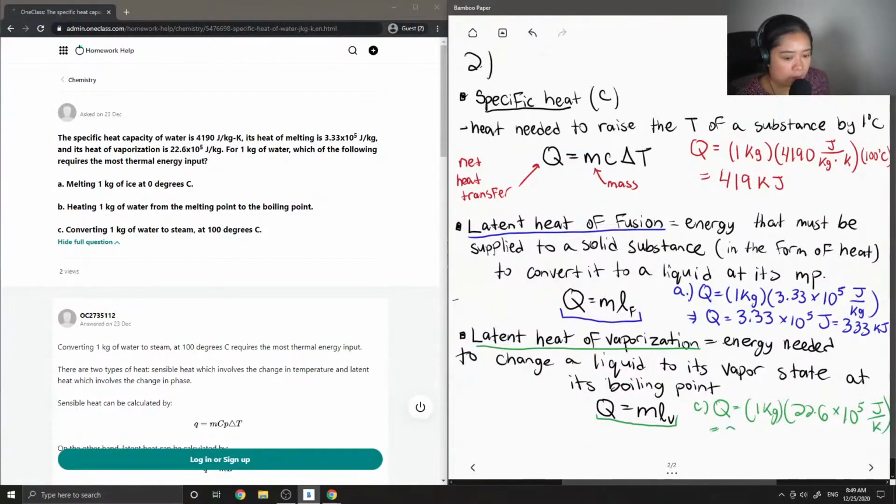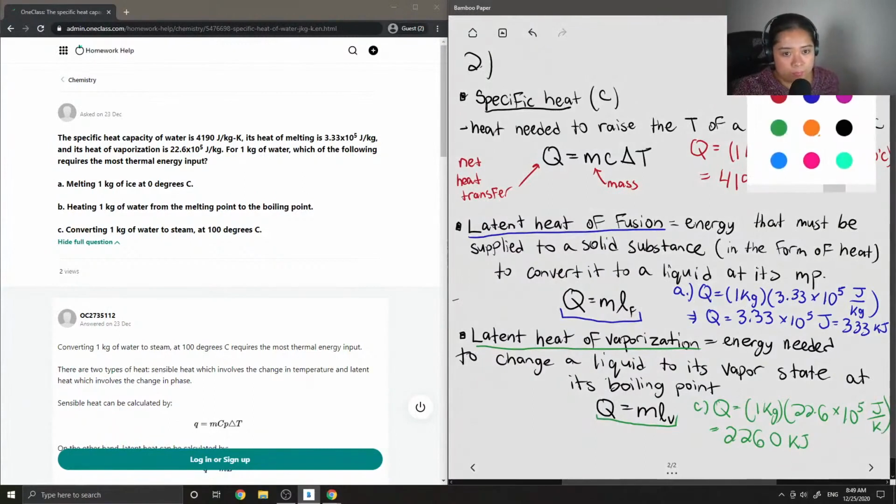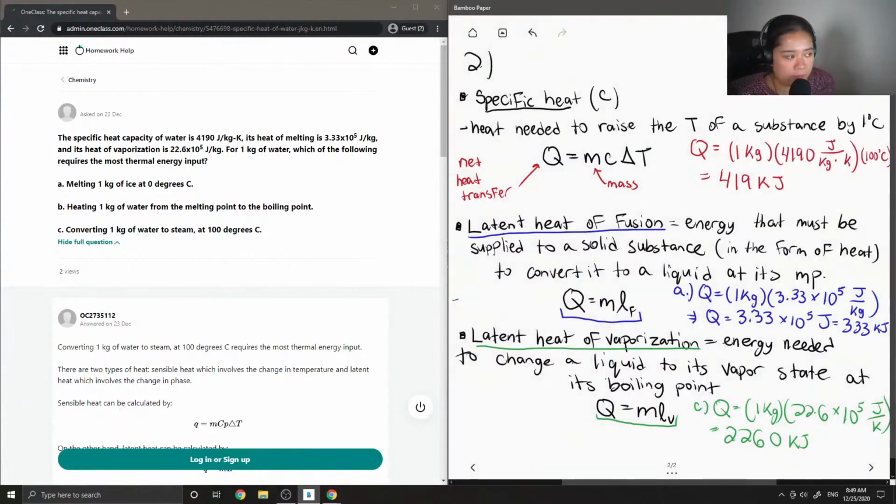So then Q would be equal to 2,260 kilojoules. Okay, so looking at all our different options, the reaction that requires the most thermal energy input is converting 1 kilogram of water to steam at 100 degrees.